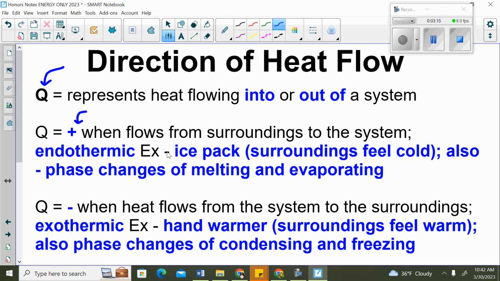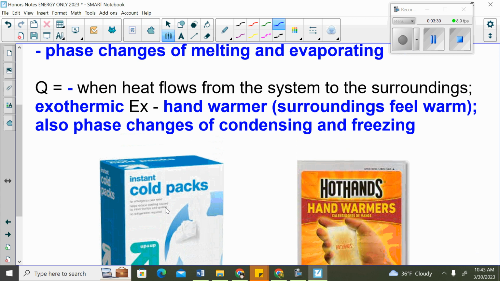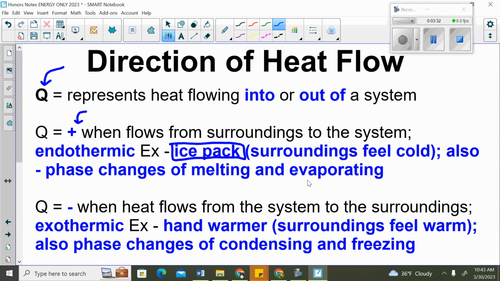So there's a couple different ways to look at this. So you could say that the surroundings feel cold. Good example is an ice pack. Like those ones that you have to step on or squeeze, right, and they feel cold to the touch. What's actually happening in there is that there are two liquid packets, and if the seal is broken and those two chemicals mix, they will mix in such a way that they will take in energy and feel cold to us.